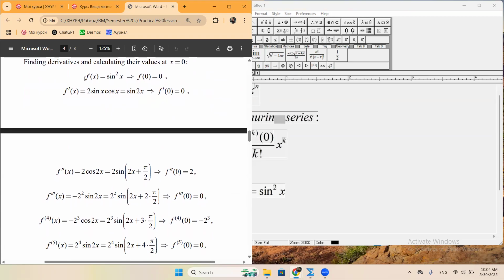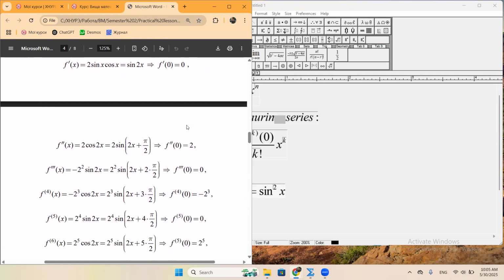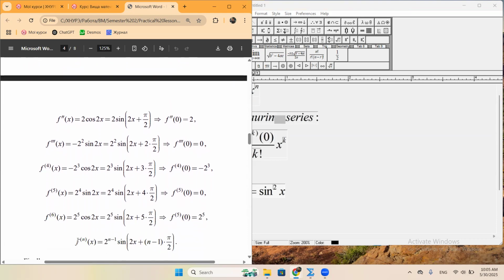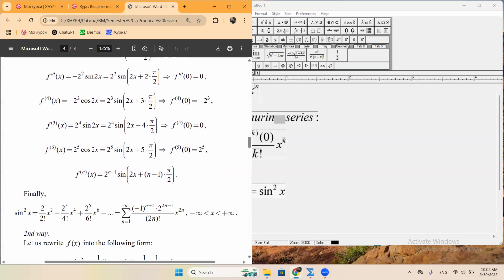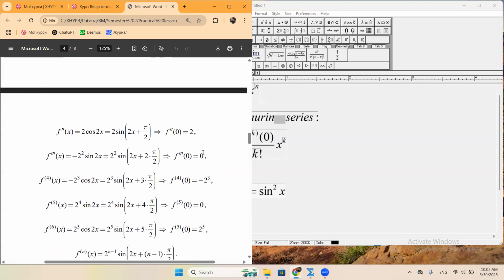Here I calculated 5 derivatives at point 0 and found the rule that the nth derivative equals the following expression: 2 in power of n minus 1 times sine of 2x plus (n minus 1) multiplied by pi over 2. So this is the method of solution based on the definition of the Maclaurin series, and then just substituting the values received here.